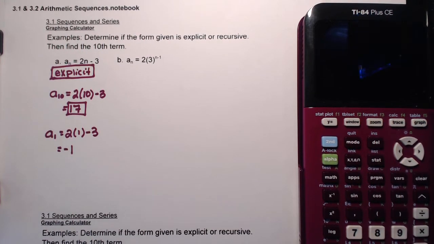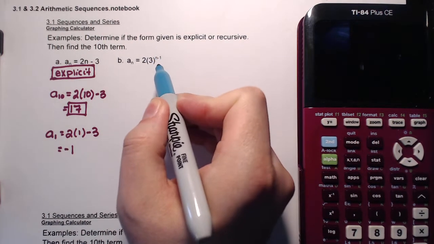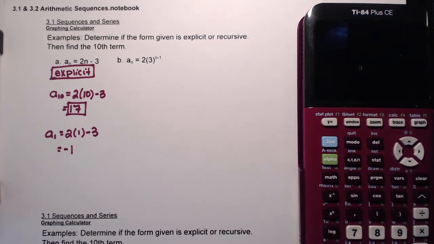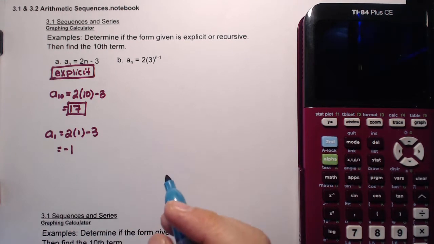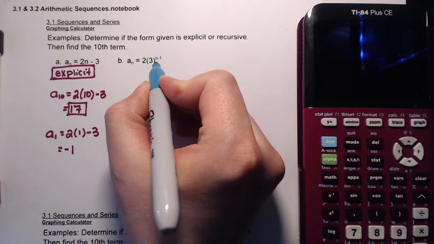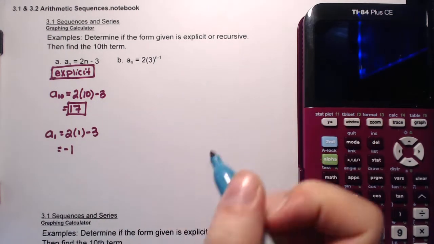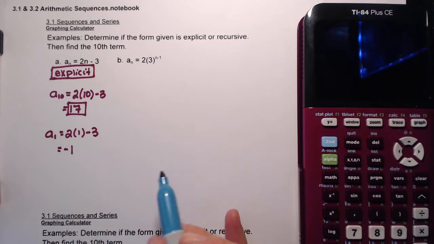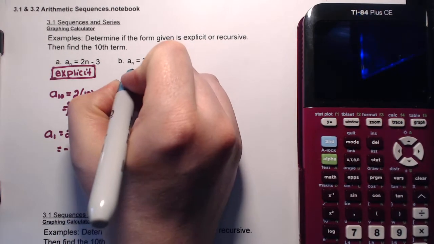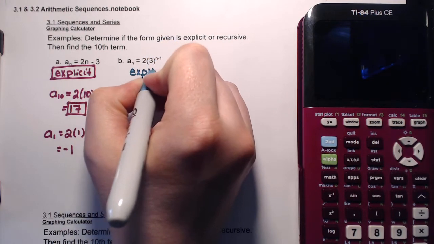So this next one, you see an n-1, but this is actually not recursive. It's still explicit because it's an exponent, not a subscript. It's not referencing, hey, take your previous term. So this is still explicit.